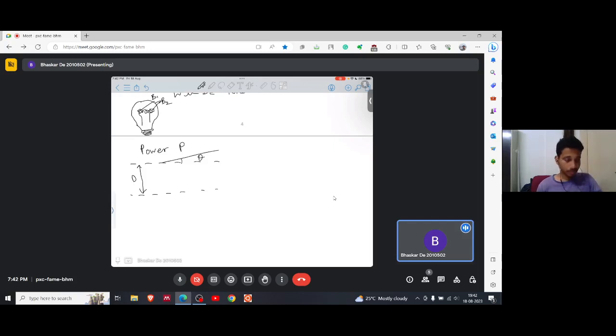For a laser beam the directionality is very high, so theta is very small.